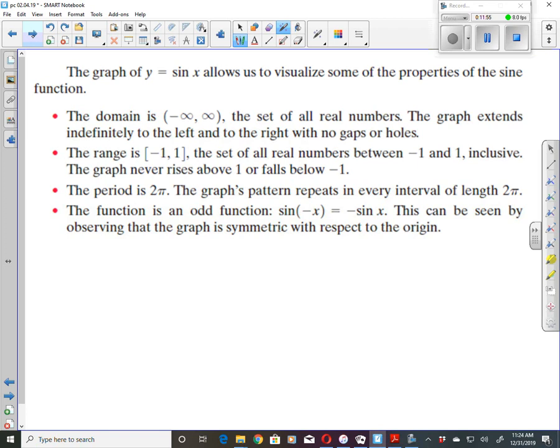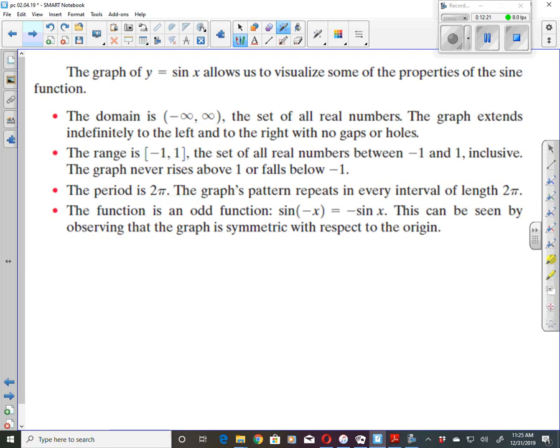Blitzer gives you a good description of what we're doing. We know that our domain is between negative infinity and infinity. Our range is between negative 1 and 1. It doesn't go any higher than that unless the amplitude changes. Our period is 2 pi, again, unless we have some multiplication, some higher frequency.